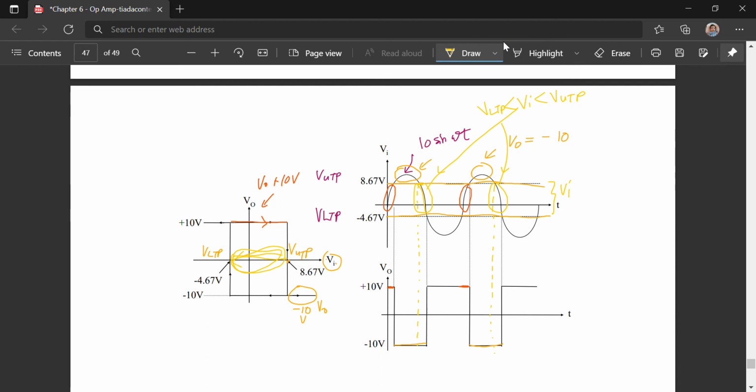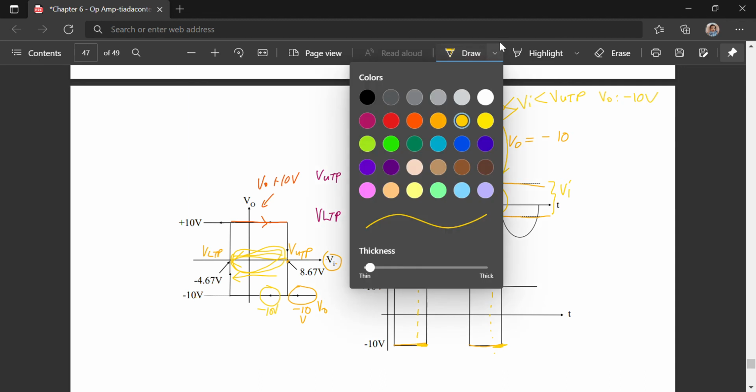So it goes in this direction, which means it follows this value, and this value is negative 10. So at this part you will get Vout equal to negative 10 volt. That's why here you get negative, and this one also negative.